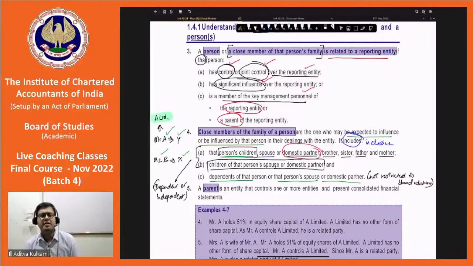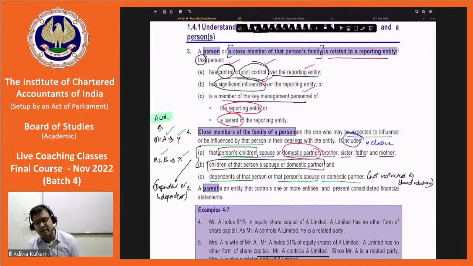But if you talk in terms of relationships, I don't think a legal guardian would be related, because ultimately you have to look at whether that legal guardian is dependent on Mr. A, which is unlikely to be the case, and therefore legal guardians of children will not be included.